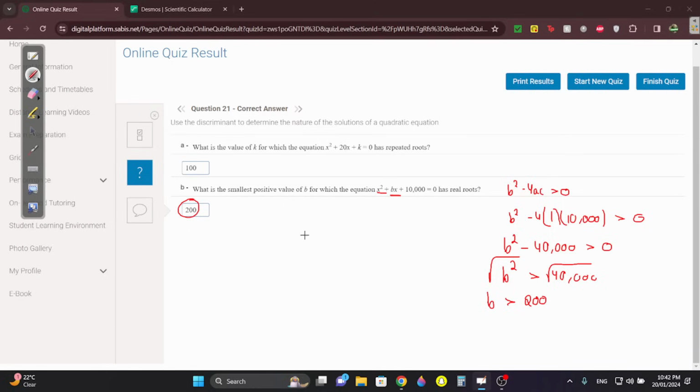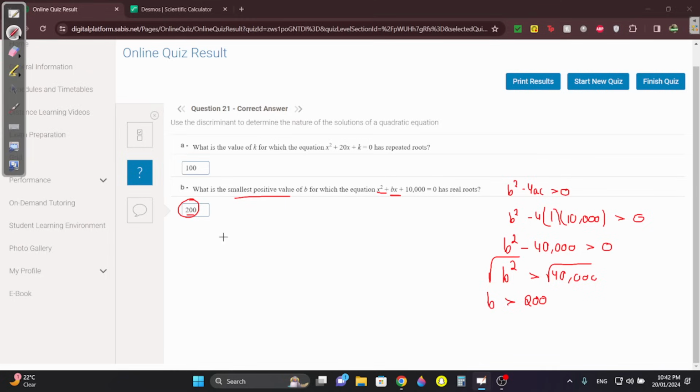But why are they saying the smallest positive value of b is 200, when if you use 200 you're going to get it equal to 0? What do I mean? You don't have to know this, but some people say, I use 200 in b squared minus 4ac: 200 squared minus 4 times 10,000.